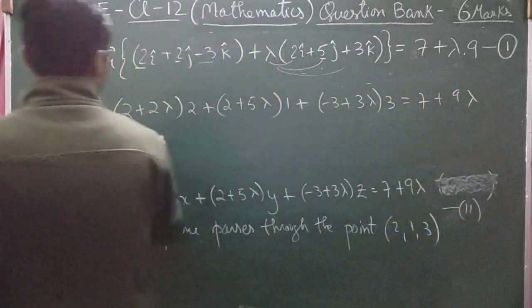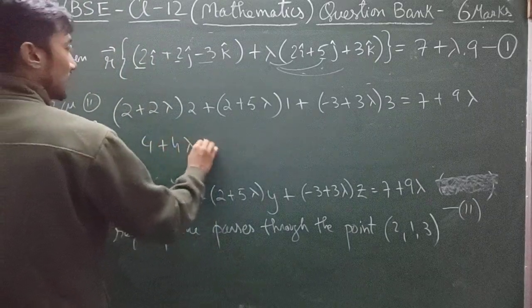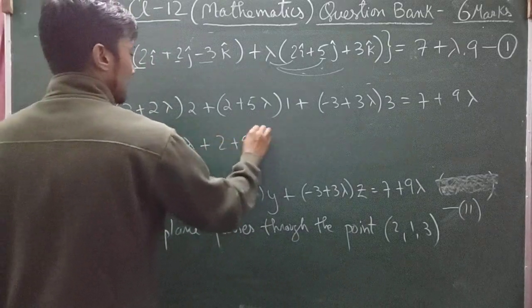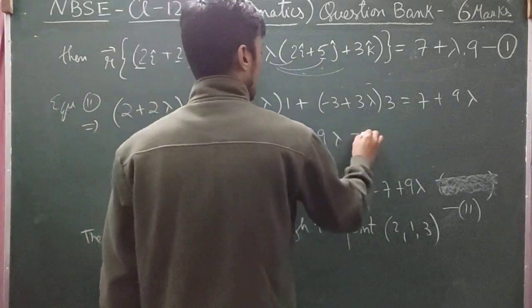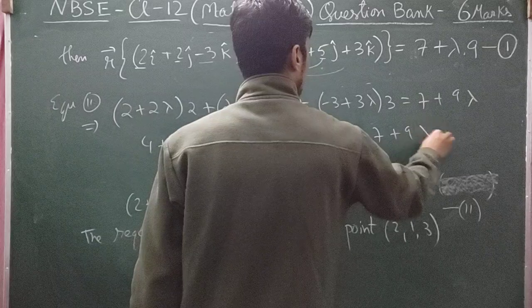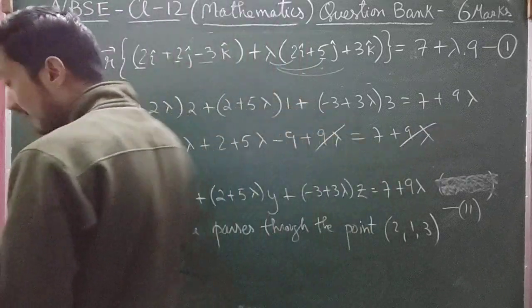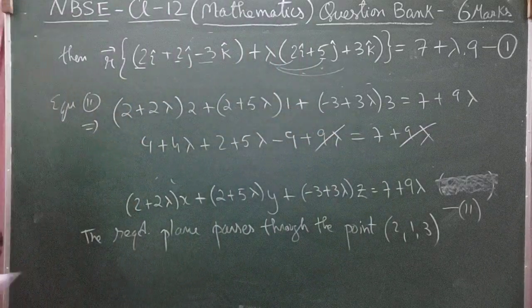Let's solve this. So 4 plus 4 lambda plus 2 plus 5 lambda minus 9 plus 9 lambda equal to 7 plus 9 lambda. 9 lambda, 9 lambda cancels.